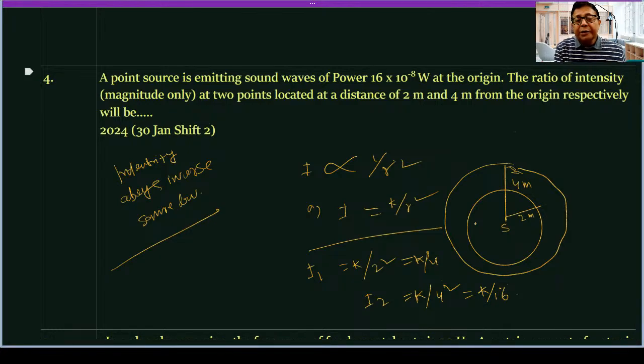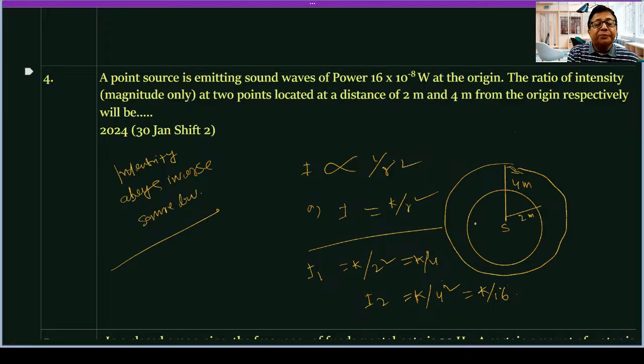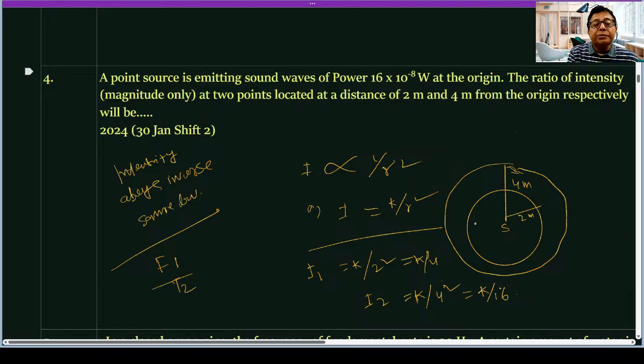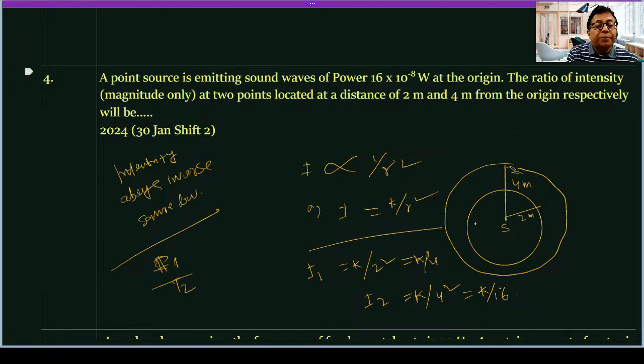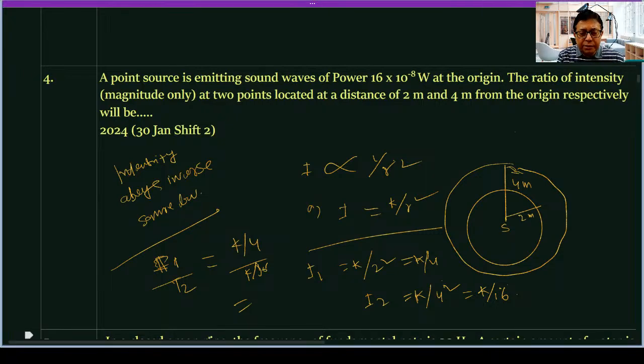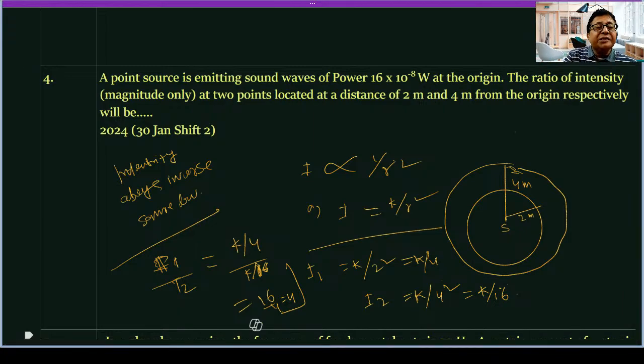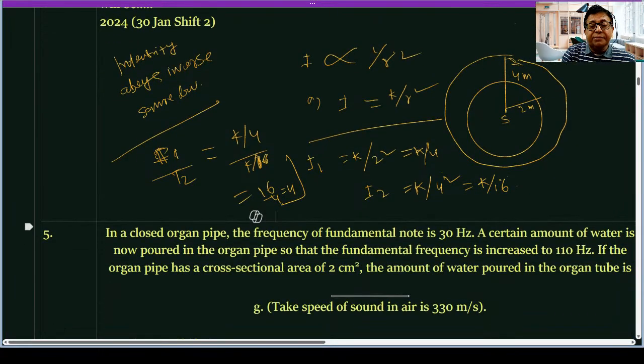Alright? Therefore, they are to find the ratio of intensity at 2 points located at 2 meters and 4 meters. 2 meters comes first. So we find I1 by I2. I1 is K by 4, and this is K by 16. So this will be 16 by 4, which is equal to 4. Okay? So this is a very simple problem if you know the concept. Go for next one.